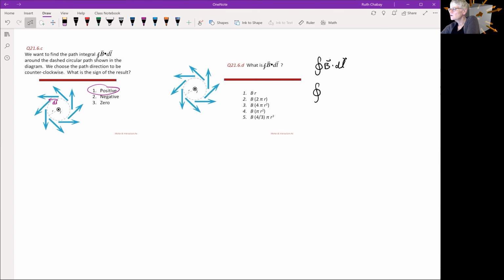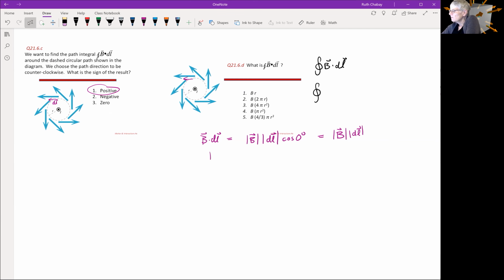At any location here, we find that B dot dl is going to be equal to the magnitude of B times the magnitude of dl times the cosine of 0 degrees, because they're in the same direction. So that's just going to equal the magnitude of B times the magnitude of dl.